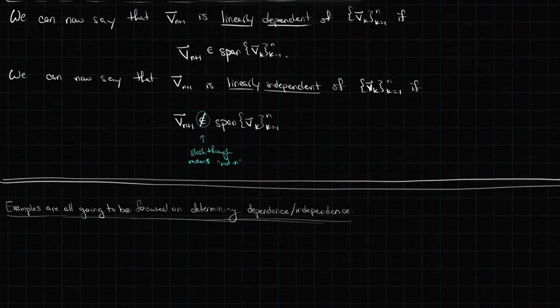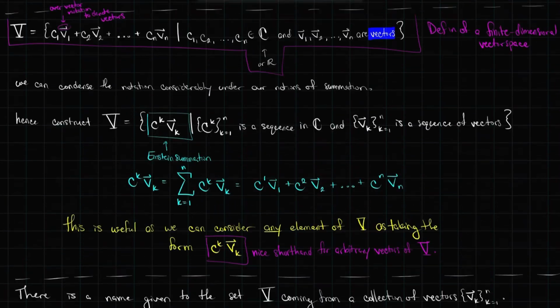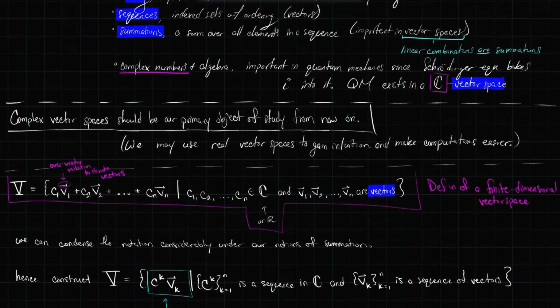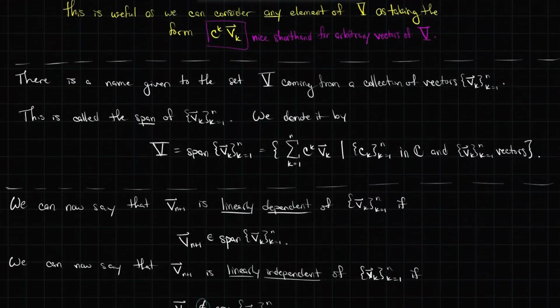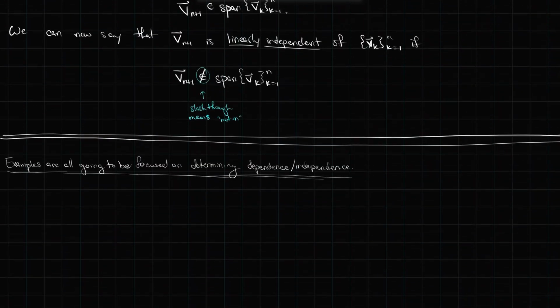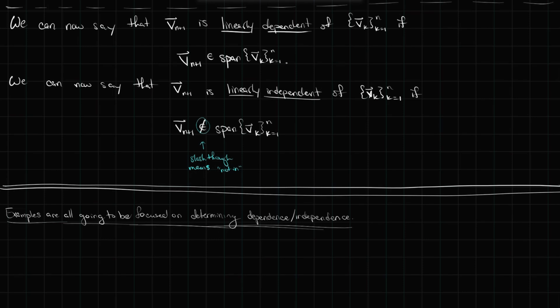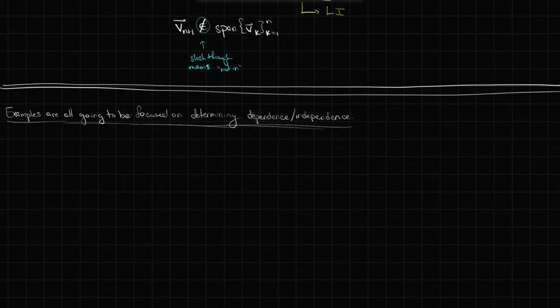In some sense, as long as we're really confident about determining dependence and independence, everything else that we've talked about between constructing vector spaces and Einstein summation, etc., everything else should come for free, our understanding of everything else. Now I'm going to give myself some leeway with these two words since I write them all the time. If you see me write LD, that's linearly dependent. If you see me write LI, that's linearly independent. So that's just going to help me condense what I'm writing for the rest of today.